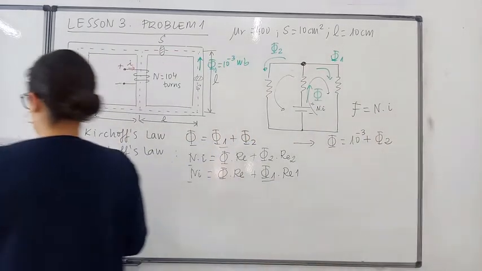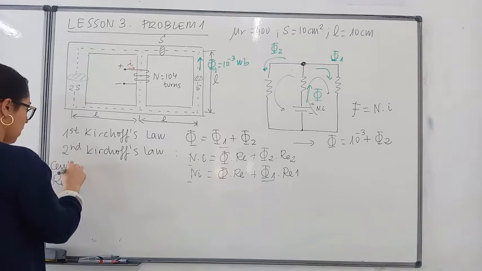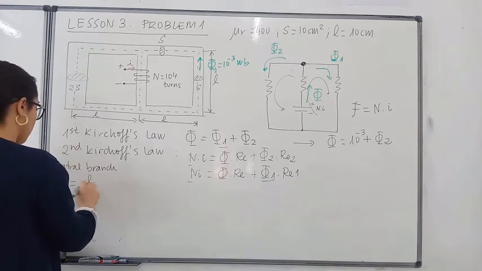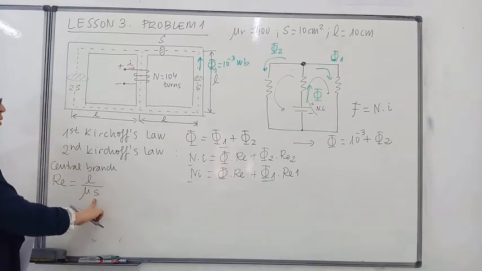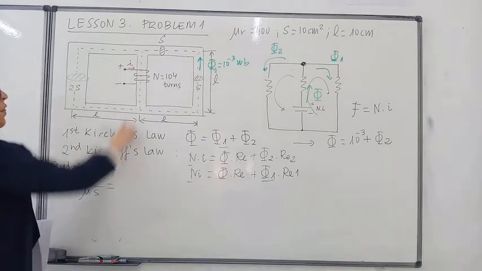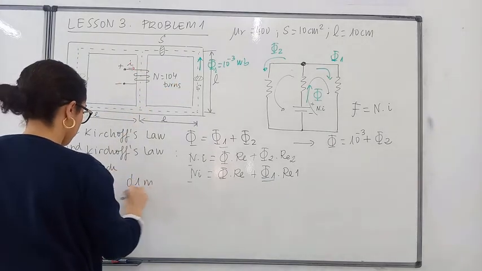Let's calculate the reluctances. So the reluctance in the center branch will be the length of that branch divided by the permeability and the cross section. So the length in this branch is L, that's 0.1 meters.